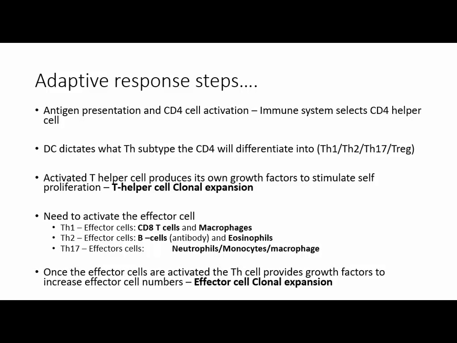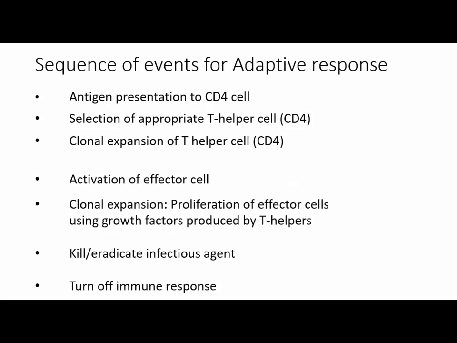So once the effector cells are activated, we then need to increase the number of those effector cells. Because we're in the same scenario where we have small amounts of effector cells, and what we need to do is increase the proliferation of those effector cells to ensure that we have sufficient numbers.